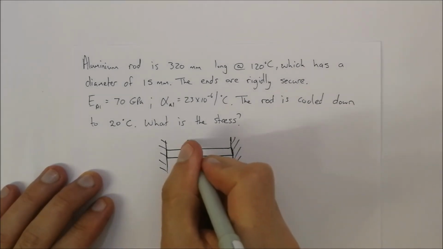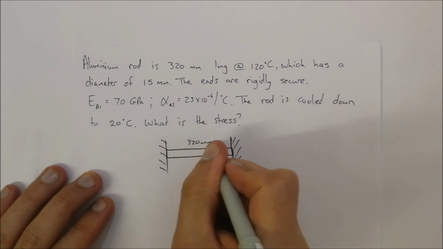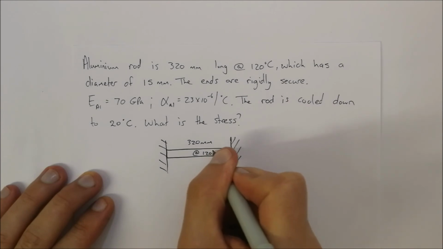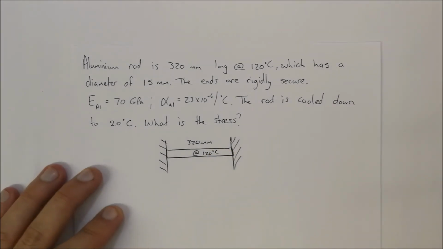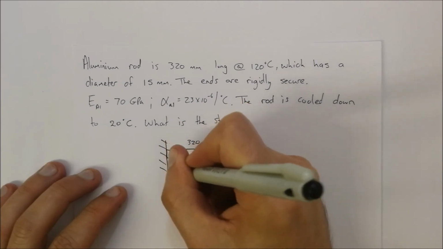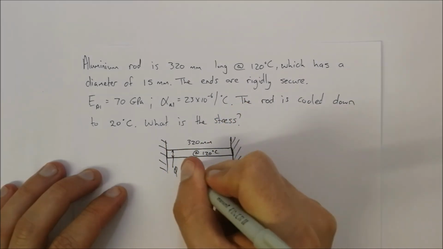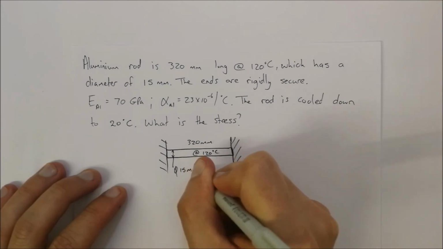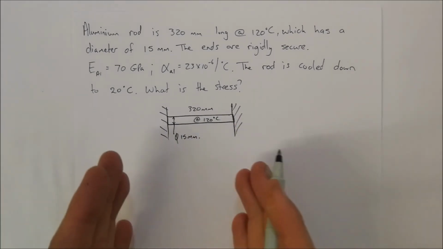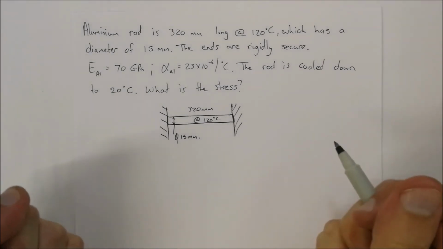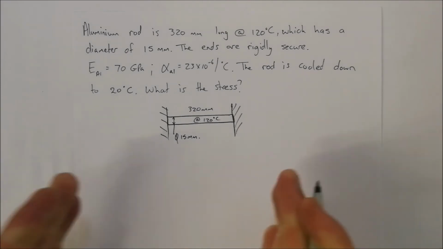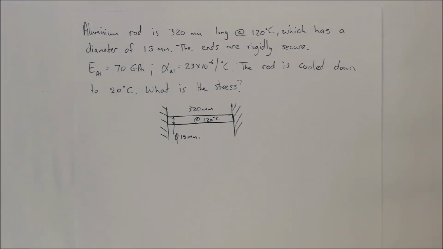We know it's 320 millimeters in length, at 120 degrees Celsius, and that the diameter is 15 millimeters. Now when it cools down, there's going to be contraction happening, but because it's secured over there, there are going to be stresses acting on it. It's going to be pulling from these walls, and so there will be stresses.